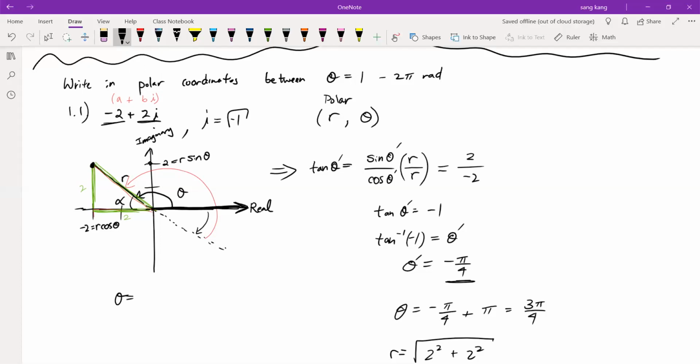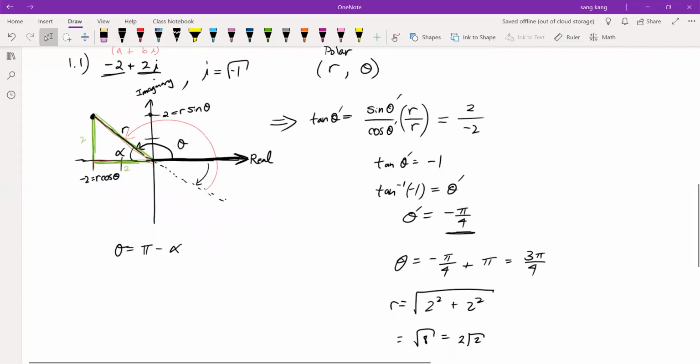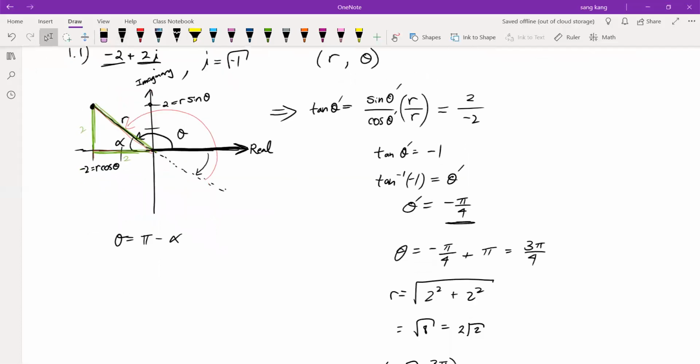Theta is equal to pi minus alpha to find the theta that you want, right? And I think this way is a little bit simpler. Then you would just do tangent of alpha equals opposite over adjacent leg, which is 2/2. This equals 1. Therefore, if we do tangent inverse of 1, we get pi/4, right?